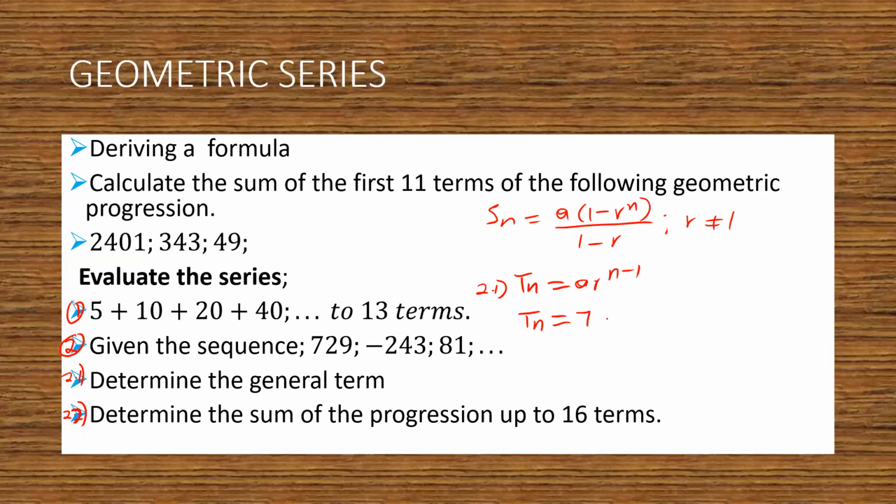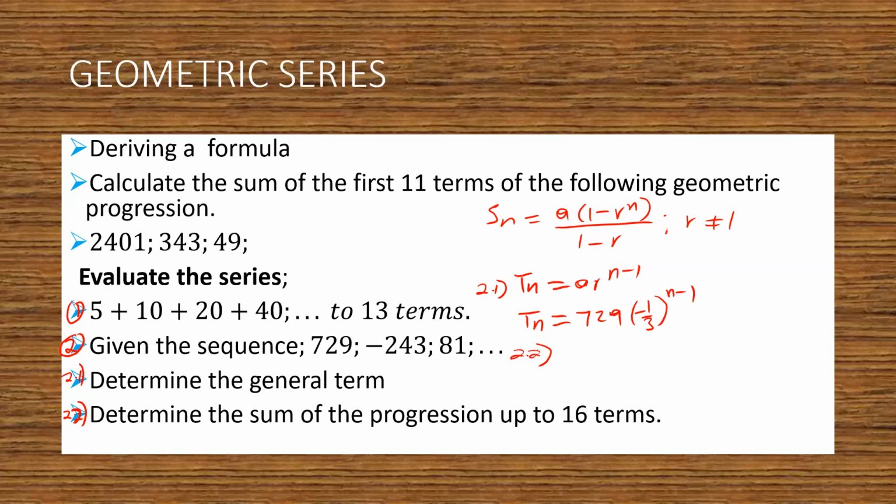Yes. And then R is negative 1 over 3. Yes. And then to the power of n minus 1. All right. And then 2.2, how do we find the sum?